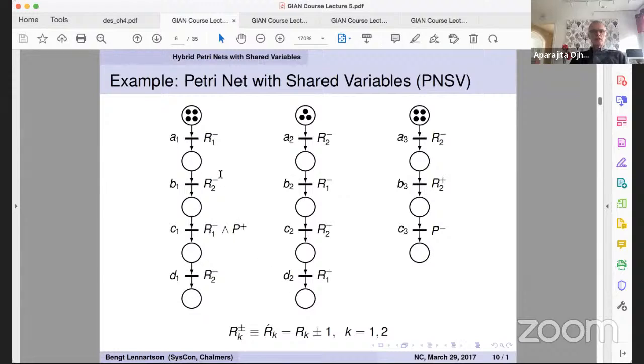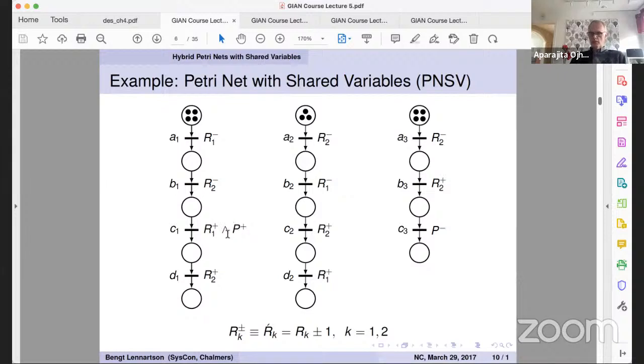So in this case, R minus means that we require a token from R1. We take that and reduce the value, saying that now there is one less free R1 token, because one of them is consumed by this A1 transition. And then here at C1, we give it back, so we add to the number of free R1 resources.